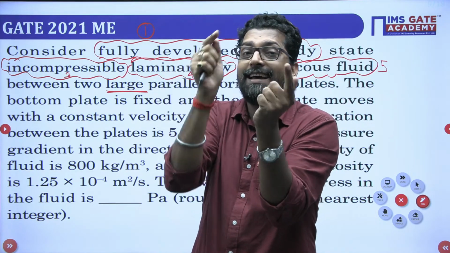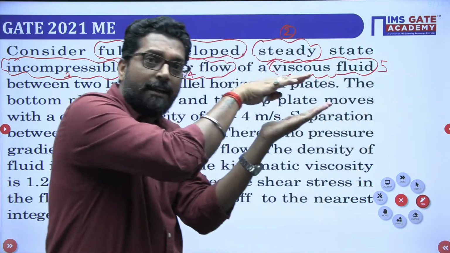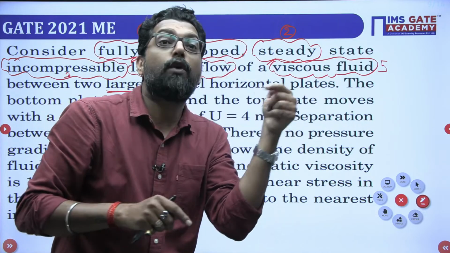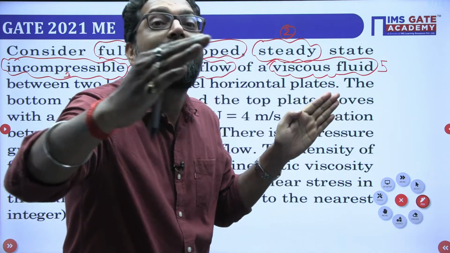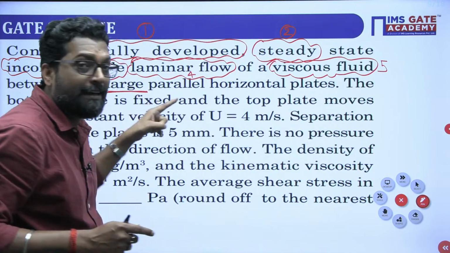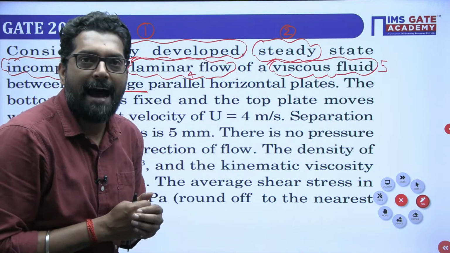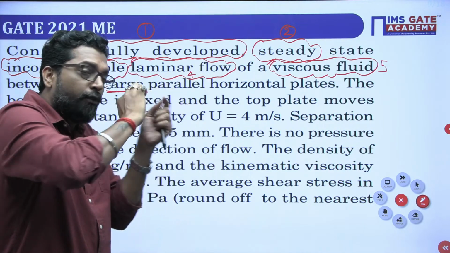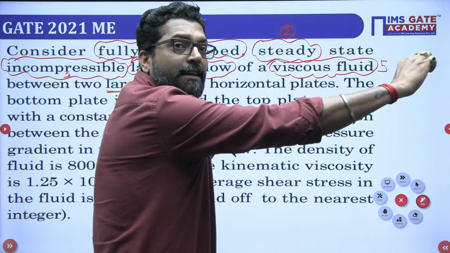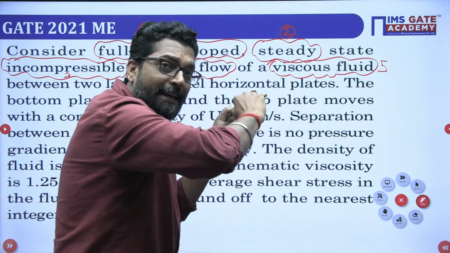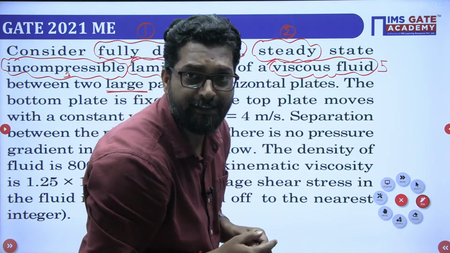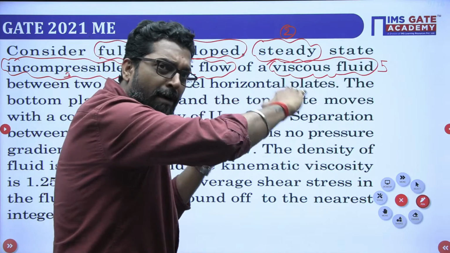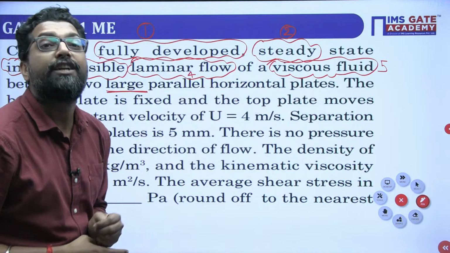What is meant by large? Large means the dimension perpendicular to the flow direction, the width of the plate, is very large. The fluid is flowing along the length of the plate, so the length of the plate is much less compared to the width of the plate.